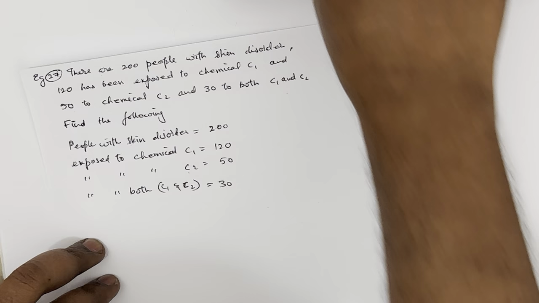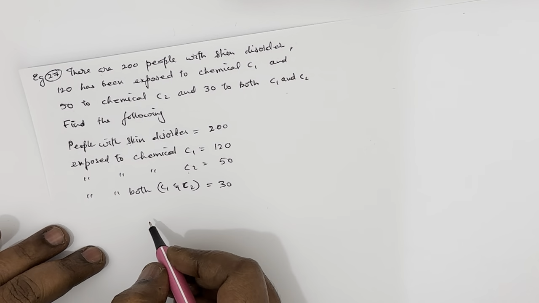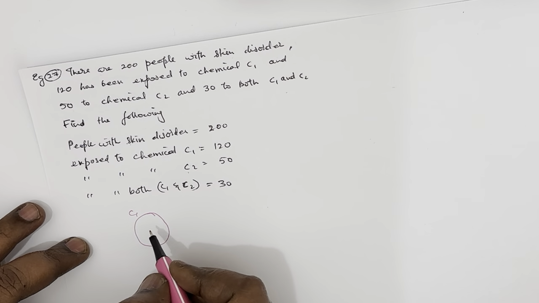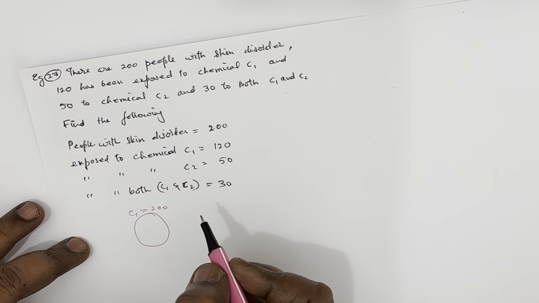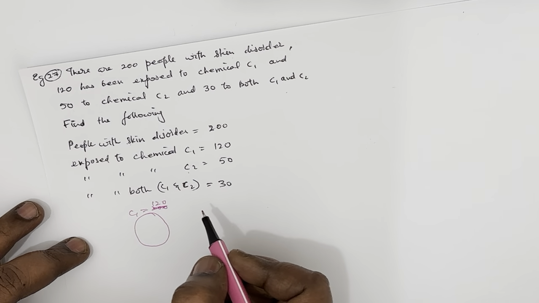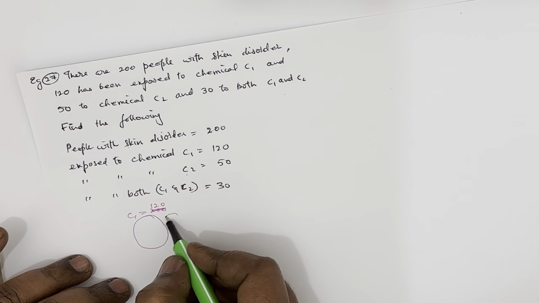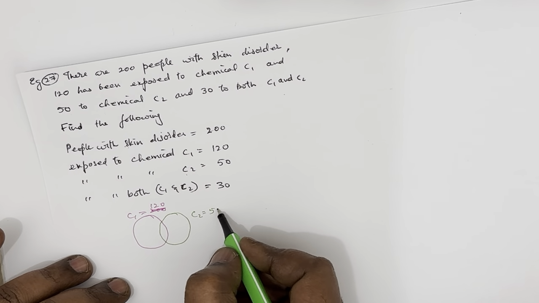So now if we take the Venn diagram for this. If this is C1, chemical 1, exposed are 120, and if this be the second chemical C2, exposed are 50.